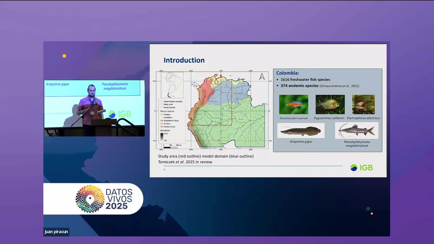And it has not only a lot of species, but also a lot of endemic species, with over 374 endemic species. Here is a tiny glimpse of the vast biodiversity, quite iconic species, for example, the arapaima or the electric eel.